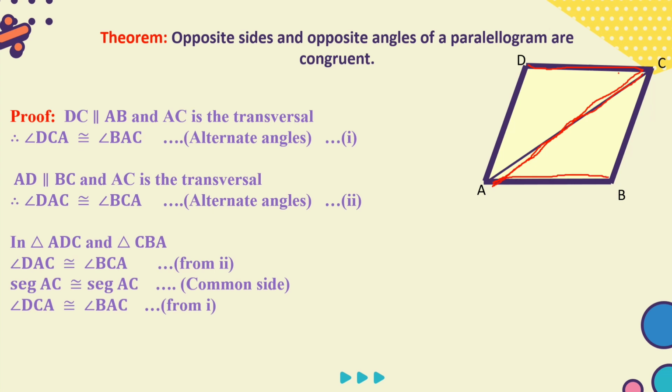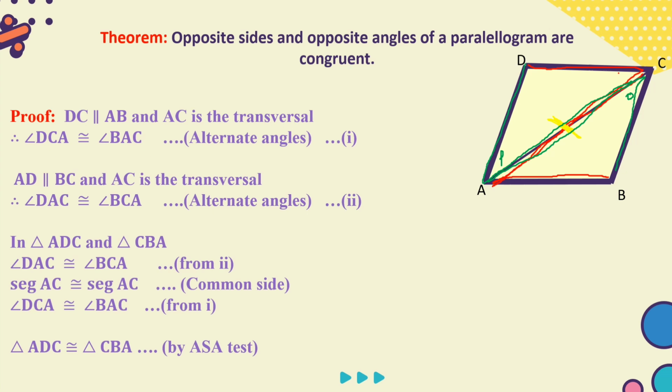Now AC is the common side for both the triangles. And angle DAC is congruent to angle ACB. That means these two angles are congruent. That is from 1. So which test will it be? The triangle ADC is congruent to triangle CBA by angle, side, angle.